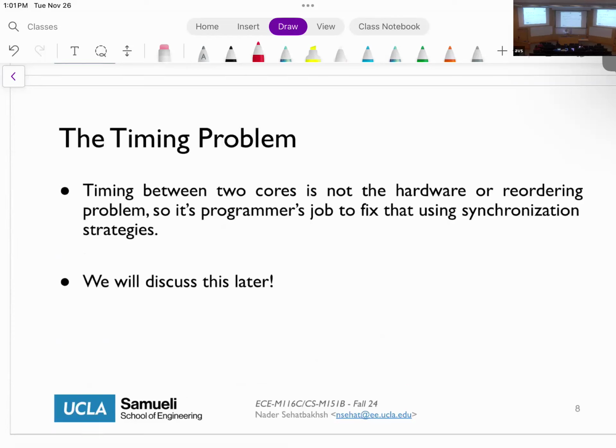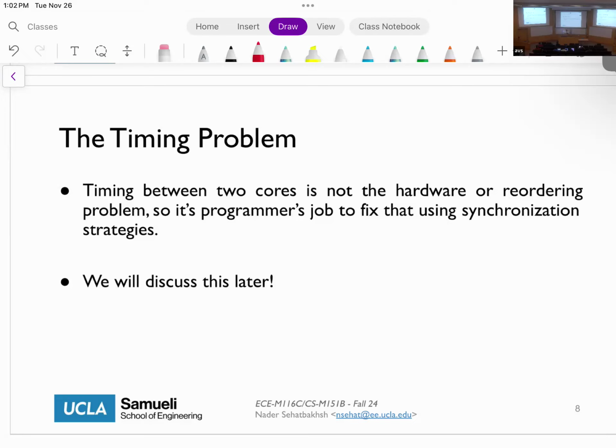and everybody does, is that, of course, you have to make sure of the synchronization problem, the timing problem between the cores, not the reordering problem. The timing problem between the cores is the programmer's job to fix. Okay, hardware is not able to fix this problem. So if your program for any reason has a race condition, it is the programmer's job to fix this race condition.